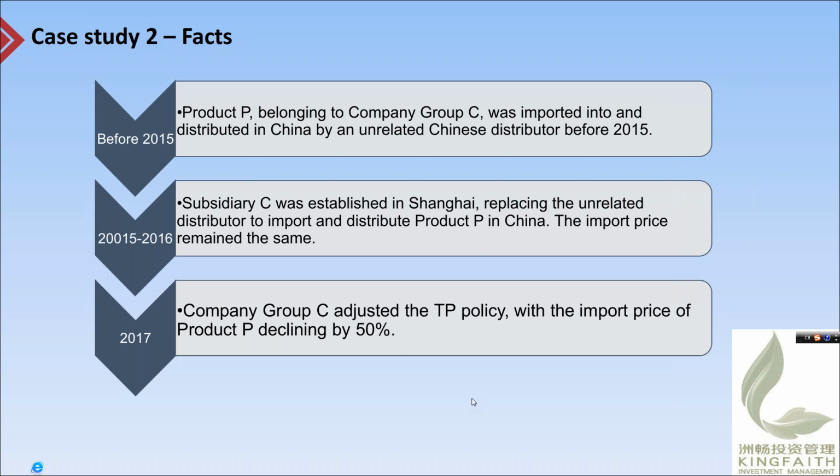But the import price remained the same. And then from 2017, the group adjusted its TP policy, with the import price of product P declining by 50%.